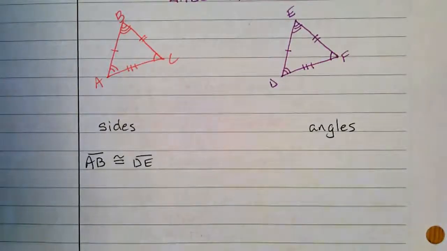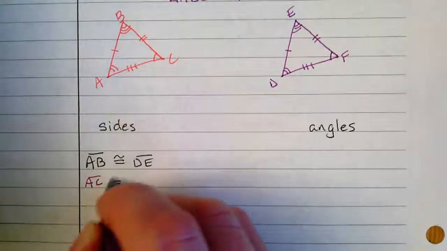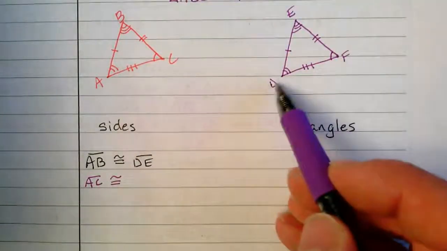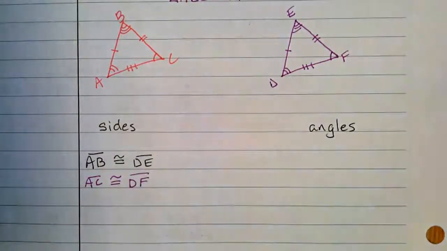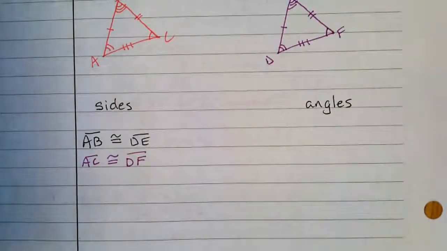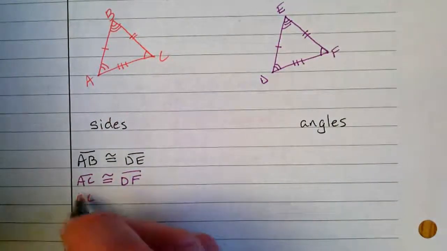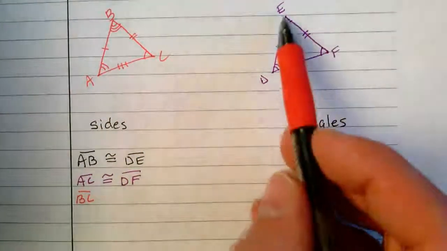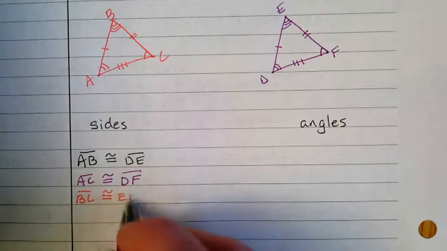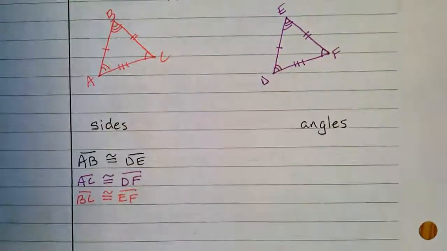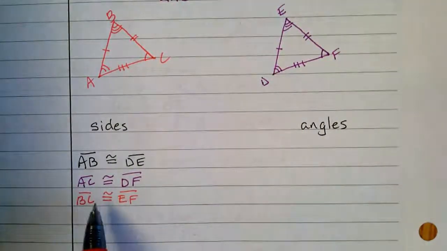And then I would say that side AC is congruent to side DF. And then I would say that side BC is congruent to side EF. So the triangles have 3 pairs of congruent sides.